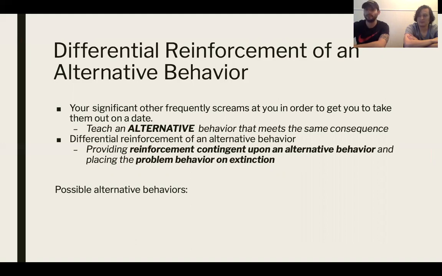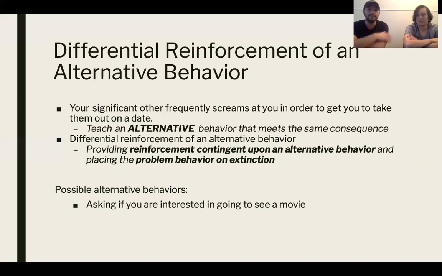Maybe you might consider that a problem behavior, or just a behavior that you might want to decrease and shift towards something a little bit easier on you, no matter what that might look like. Some of those might be, maybe you might want to reinforce anytime they start asking if they're interested in going to see a movie instead of screaming at you, right? So what you would do is reinforce every time this happens and put the screaming on extinction.